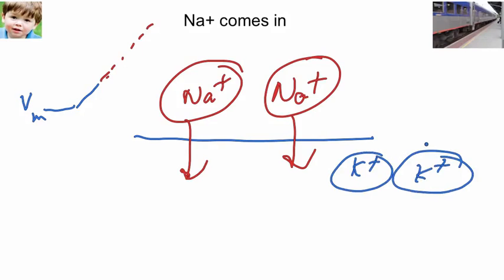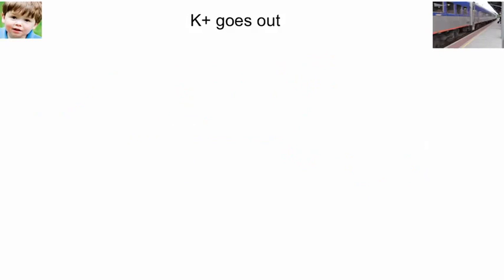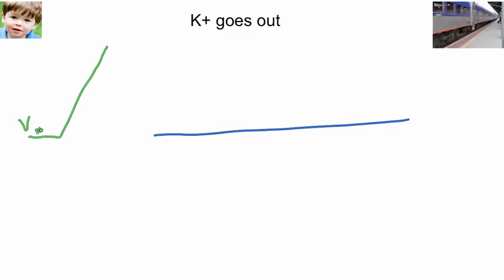A little bit further down the line, what happens? Here's our membrane. We've had a nice time. Vm has gone way up. Now, all of a sudden, the membrane diminishes its conductivity to sodium, finding it harder to get through now.